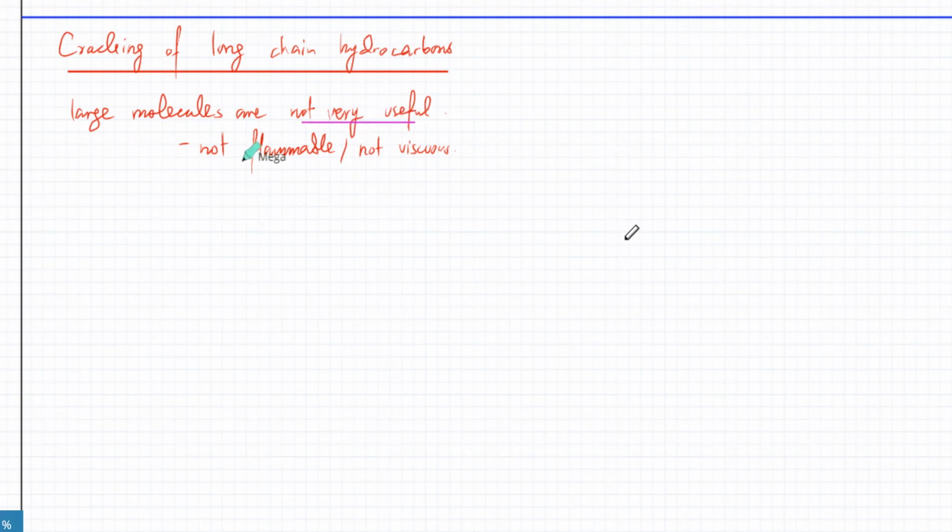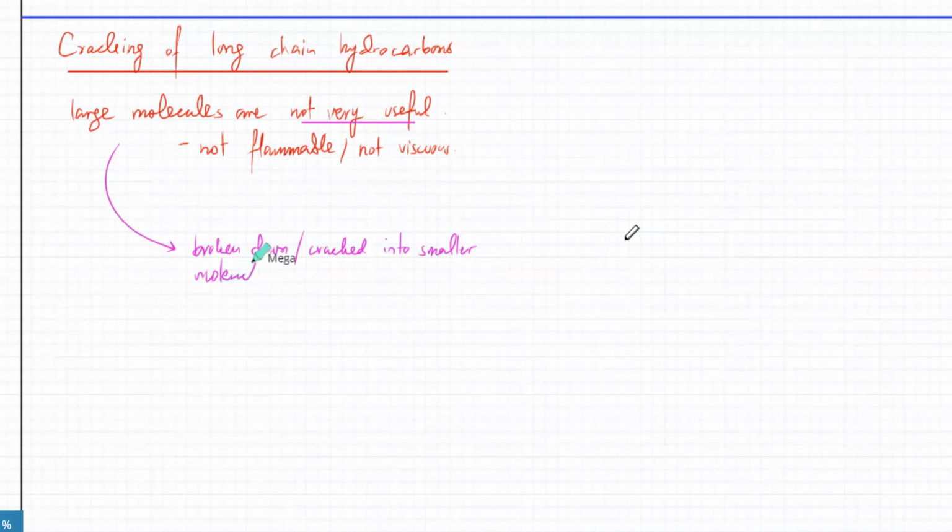These molecules are taken and literally broken down into smaller pieces. So they are broken down, or cracked, into smaller molecules at high temperatures with a catalyst.